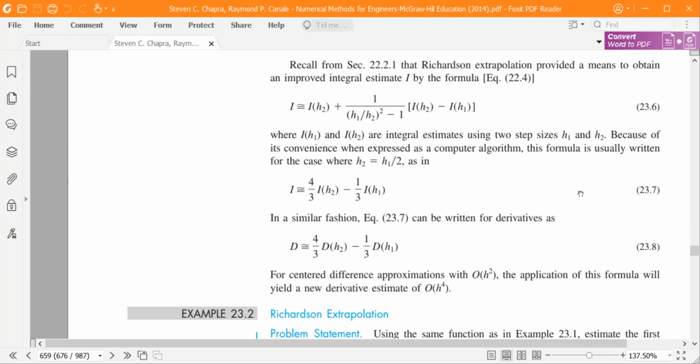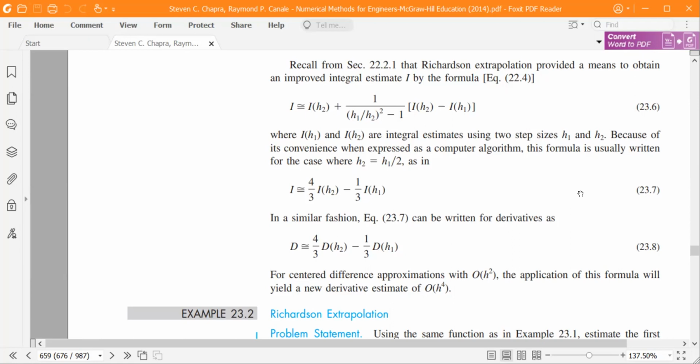In the same way, we can also refine our differentiation that we calculate for two step sizes, H1 and H2. Then a similar equation is derived, which is there in 23.8. We will apply this to show you how improvement can be made, with an example from our electrical engineering problem. The D(H2) and D(H1) are the differentiation obtained by numerical computation of differential coefficients.